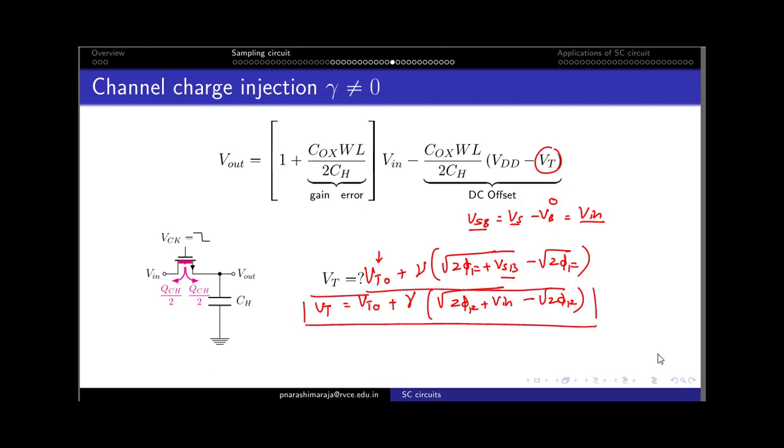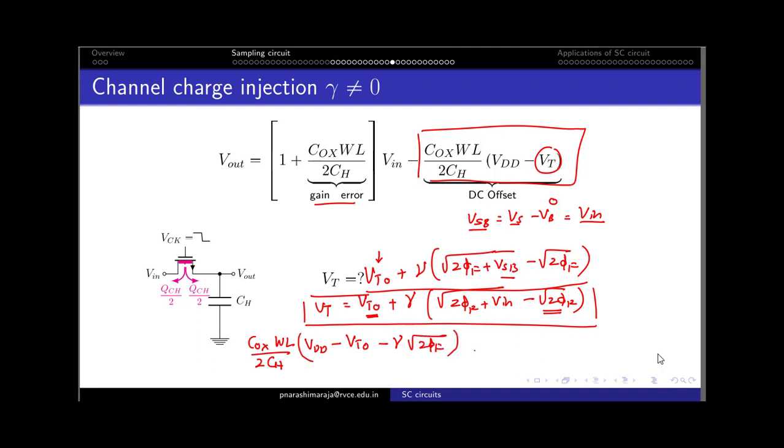When I plug it in, the gain error term stays as it is. It's only the DC offset error that has to be rewritten, and I will take only this second part of the expression and rewrite it as twice CH and VDD. Generally this Vt0 is a constant value, so I take it here, and the square root of 2 phi f is also constant, so I'm adding it here with gamma times the square root of 2 phi f.